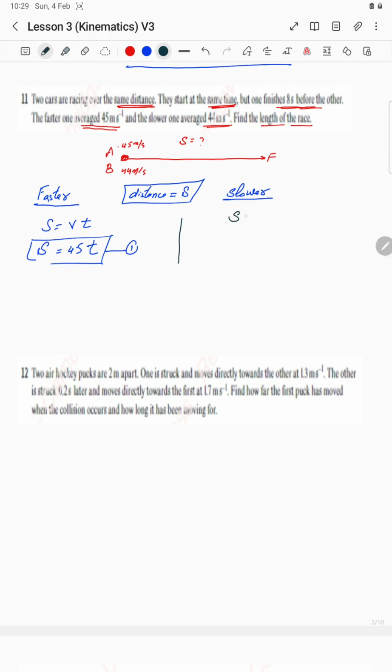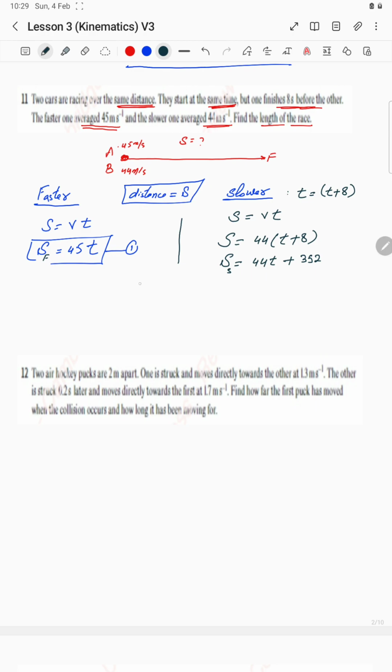So here again S is equal to Vt, but for the slower it is T plus 8 because it is slower, so it takes 8 seconds more. So S will be, and speed of slower is given to be 44, times T plus 8. We can symbolize this as S slower and S faster. So it will be 44T plus 8 times 44, 8 times 44 is 352, right?